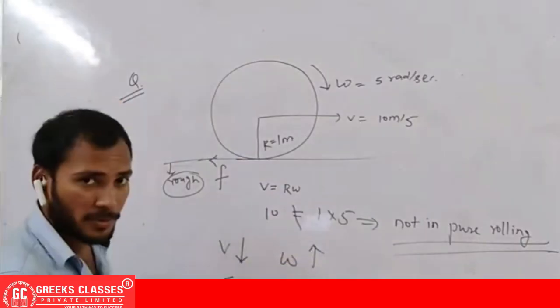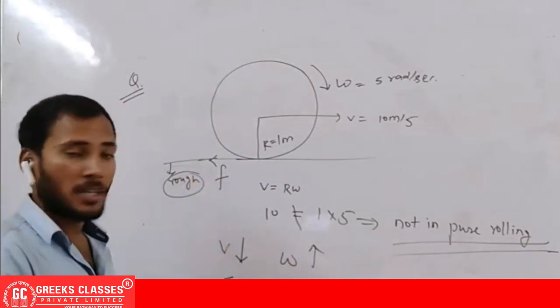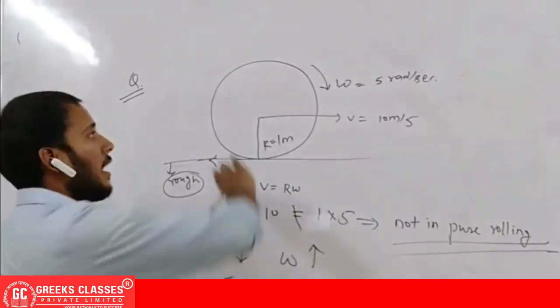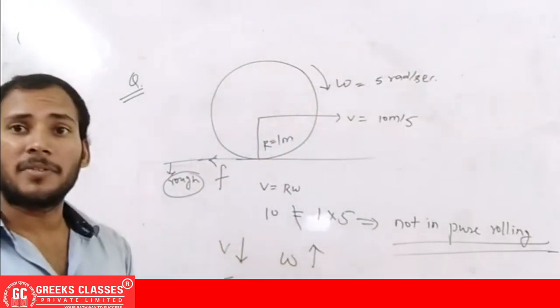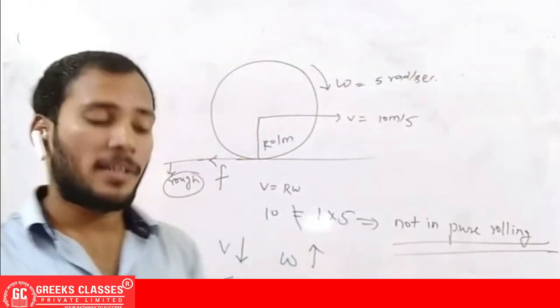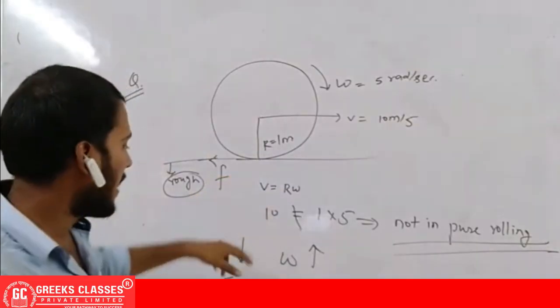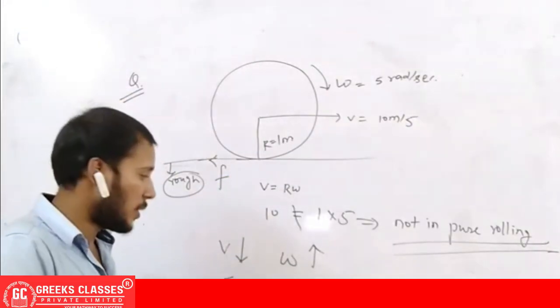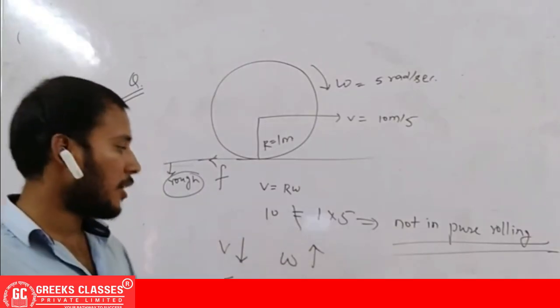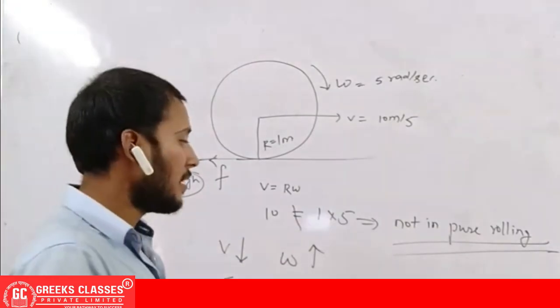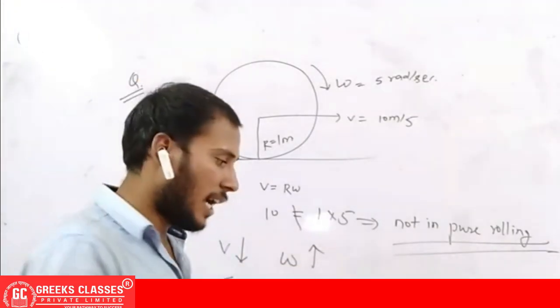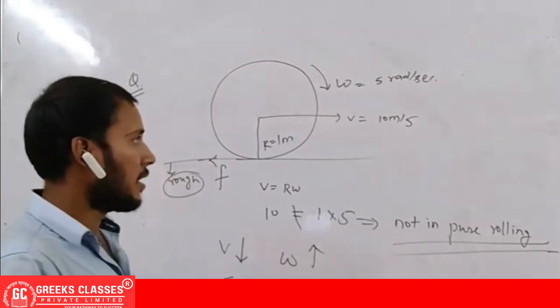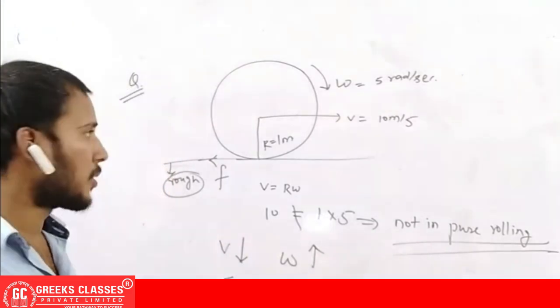Now you will see, okay, then what can we do? So we will apply a friction. Friction will reduce the velocity here and increase the omega here, and we will reach a condition where friction will completely equate v equal to r omega. Friction will make this body roll, and that will be the condition for pure rolling. It will start pure rolling, and this is the way we approach pure rolling.